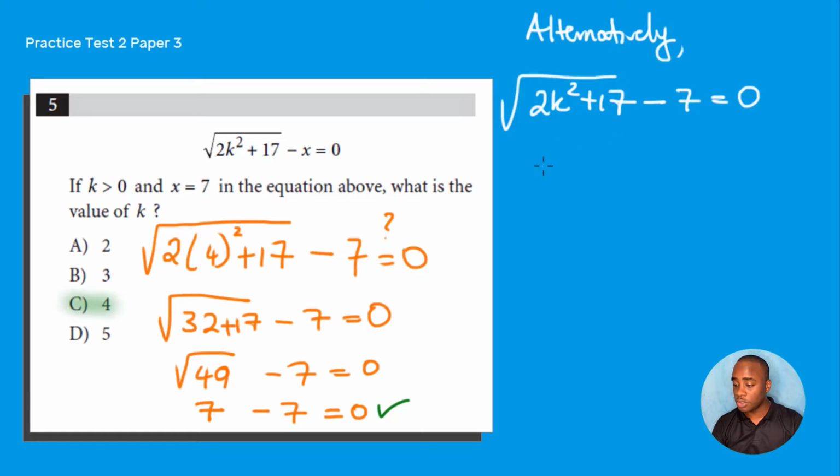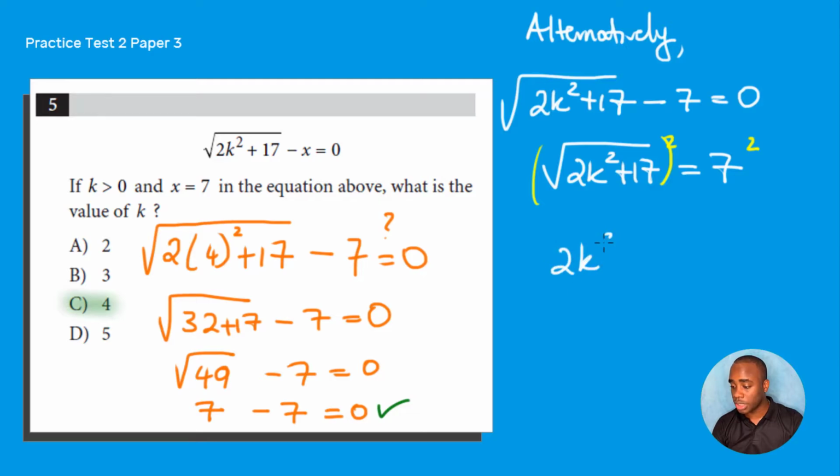I can add 7 to both sides, so the square root of 2k squared plus 17 is going to be equal to 7. Then I can square both sides to get rid of the square root. And now that is going to give me 2k squared plus 17 equals 7 squared, which is 49.